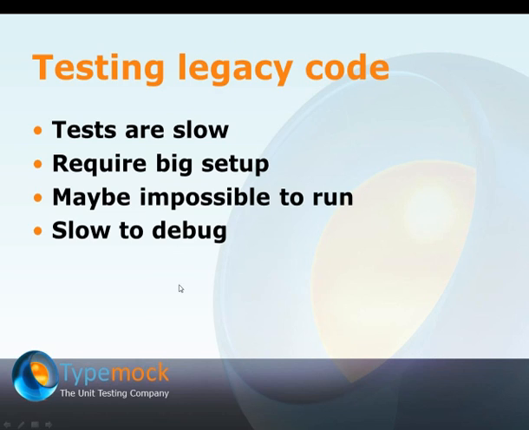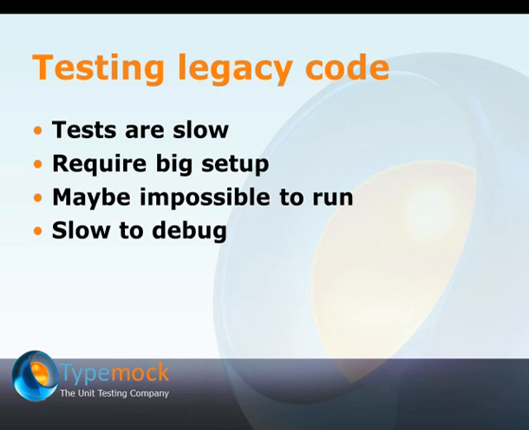When we're talking about testing legacy code, that means we have a jumble of code that's meshed up together, and we can write tests for it. But the problem is, because everything's meshed up together and can't be disconnected, that means we won't be really writing unit tests. We're going to write integration tests.